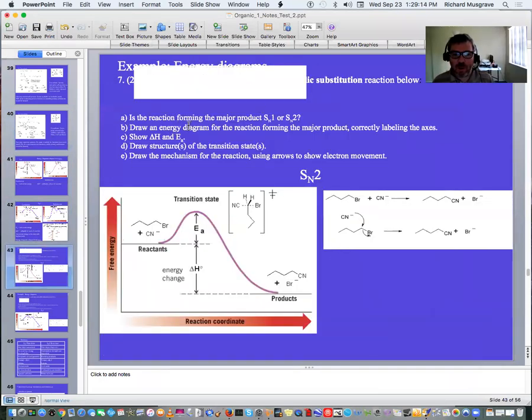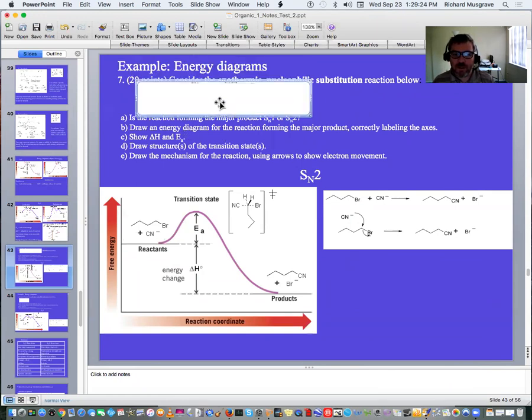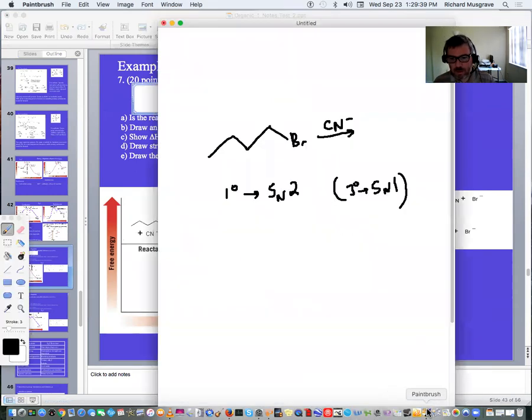Okay, so we know from the question whether it's going to be Sn1 or Sn2. The next thing we need to do is draw an energy diagram. And this one, it says in the question, exothermic nucleophilic substitution. Exothermic is the key here. So when I'm drawing the diagram for an exothermic, I draw the energy here.